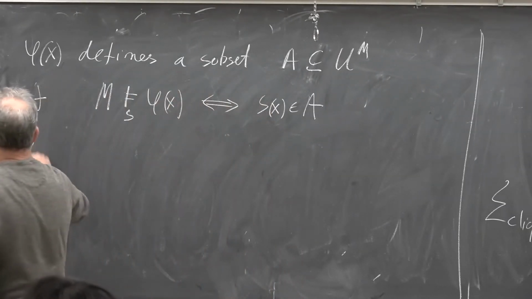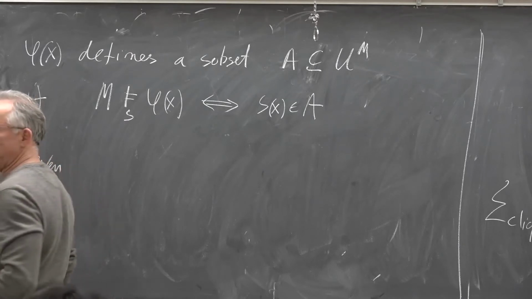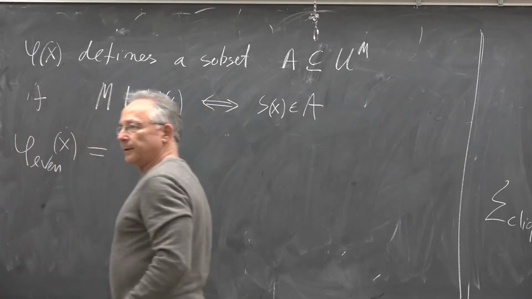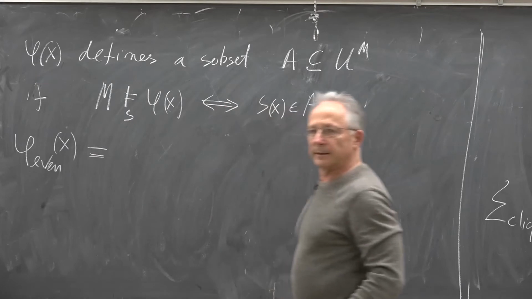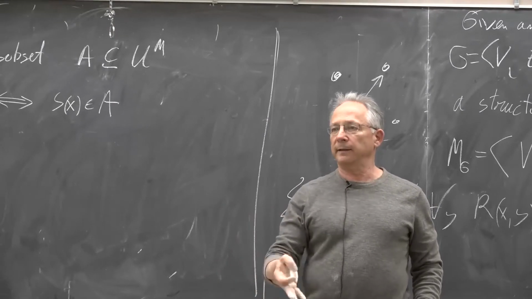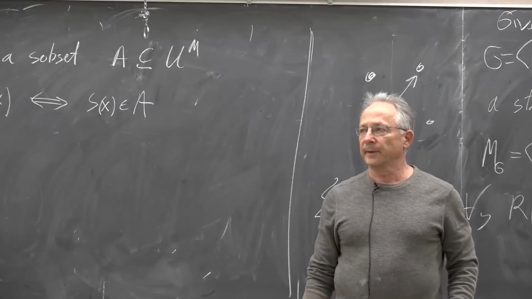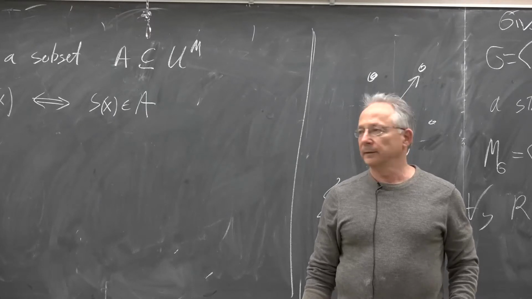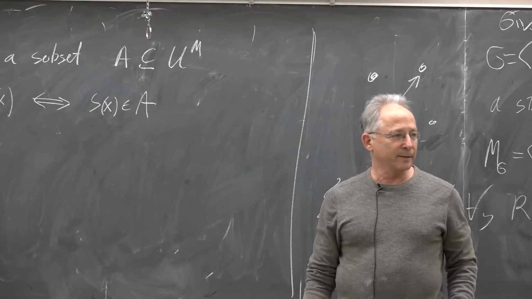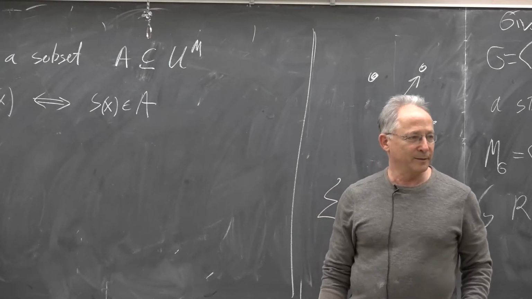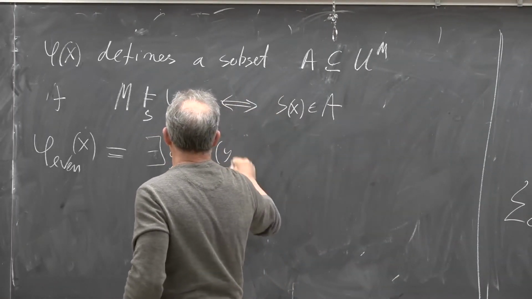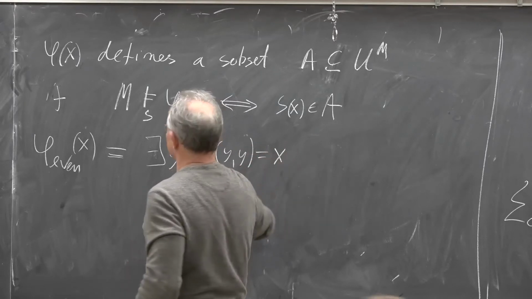So what would be phi even? It defines all even numbers. Phi even of x. I want to write a formula that will hold in this structure if and only if S assigns to x an even number. Yes? There exists a y such that f y is... Right. So I can write there exists a y such that f y equals x.